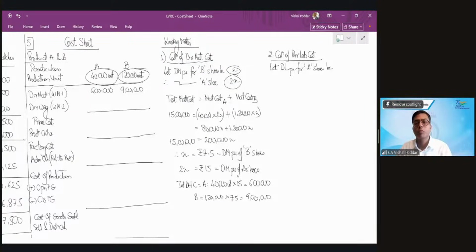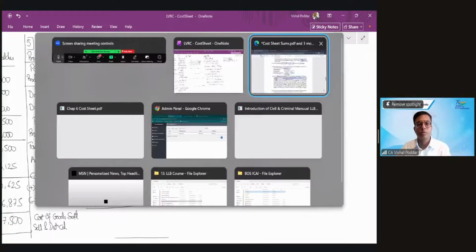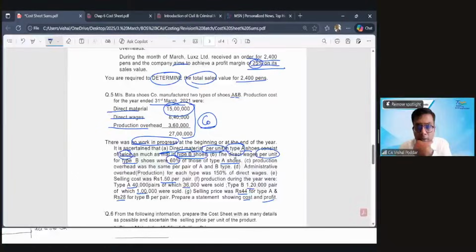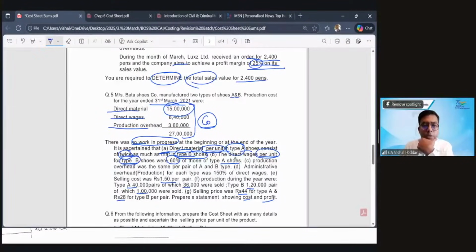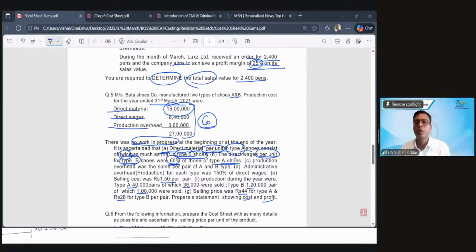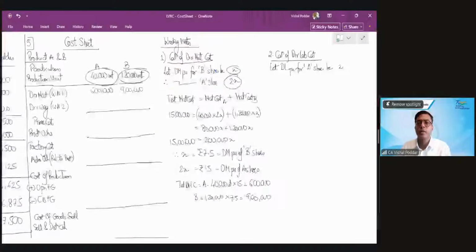Now, for labor, what is given, students? See, the direct wages per unit of B is 60% of A. So here I'm assuming A per unit to be X. Therefore, direct labor per unit for B shoe will be how much? 0.6x.